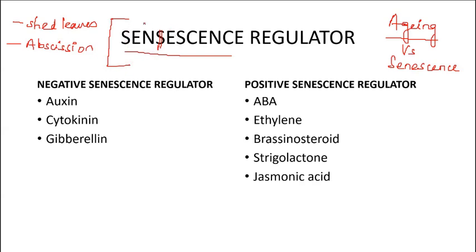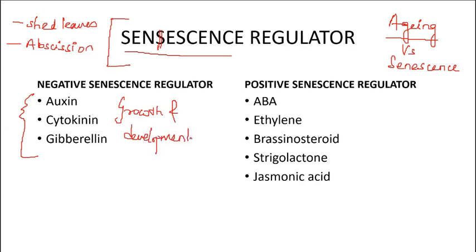Now there is a difference between the terms aging and senescence. Aging is when a plant attains a certain age and then shows these kinds of symptoms.